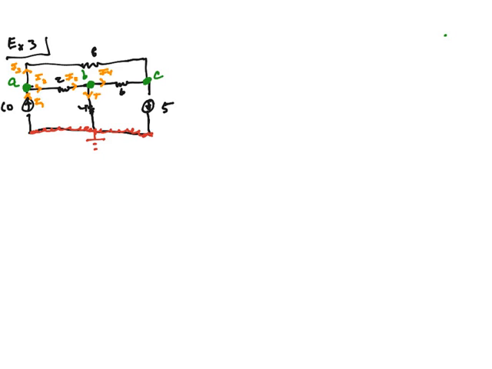I5 is leaving B down. And then for C, I3, which went up from A, hit the 8, and now comes down into C, so I3 is still there. I4 left B, moving to the right towards C, so I4 is still there. And of course, I6 leaves C downwards towards the ground.